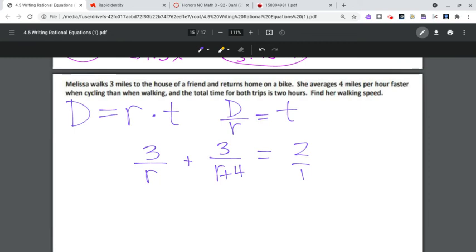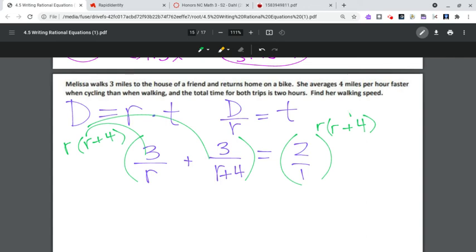All right, so looking across, I can see that I've created a rational equation. I'm going to multiply both sides of the equation by the LCD, r times r plus 4. Okay, distribute in here, here, and here. So the first side, the r will go away, and you're left with 3 parentheses r plus 4.